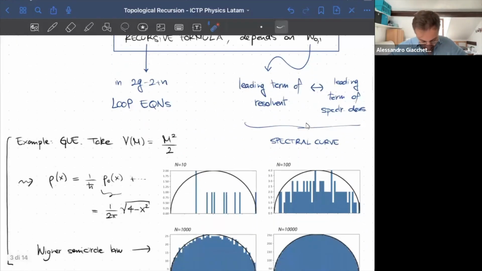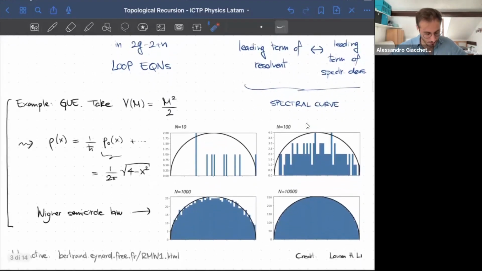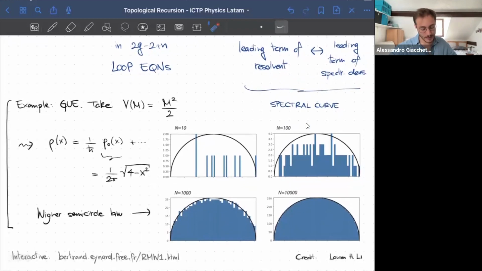And so let me just give you an example of this. The easiest possible potential that you can think of is the Gaussian potential. And this model is called the GUE, the Gaussian unitary ensemble. In this specific case, you can compute the leading term of the spectral density explicitly, and it's something like this, which is just a semicircle, which you can clearly see from this numerical simulation, right?